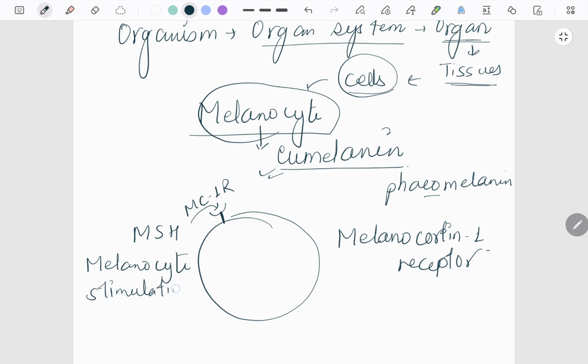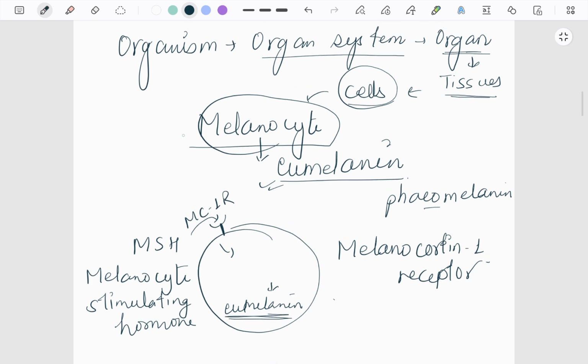When this hormone sits on its chair, it will stimulate a cascade of events that will finally lead to the release of eumelanin. Okay. So this eumelanin is responsible for that dark color.